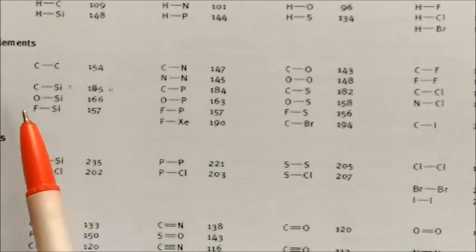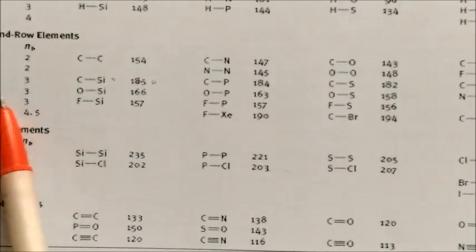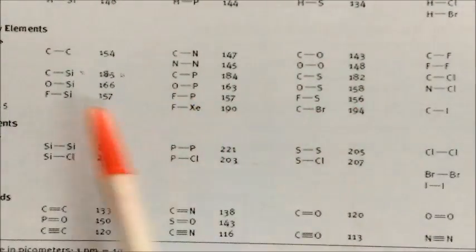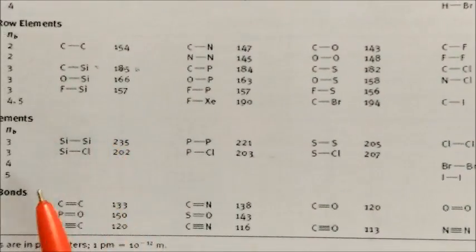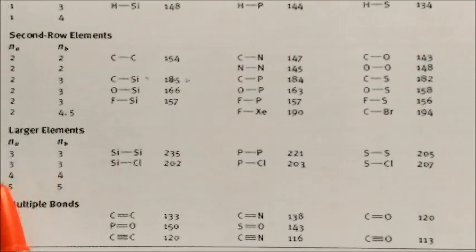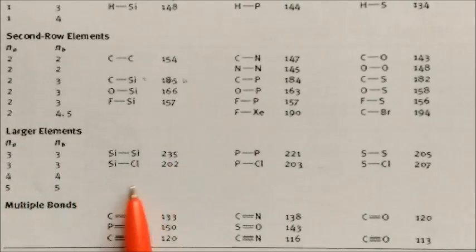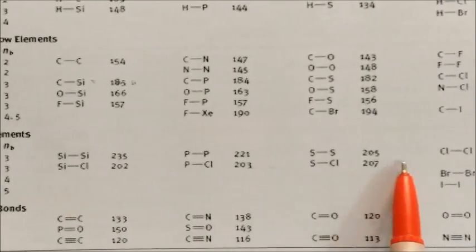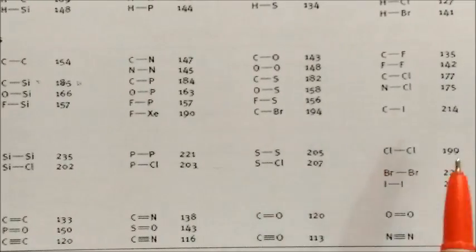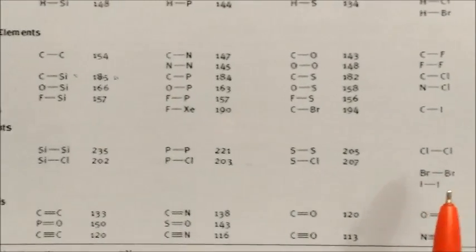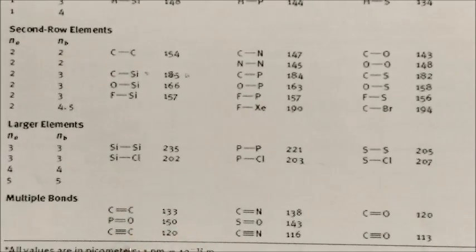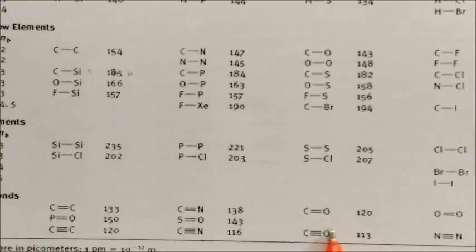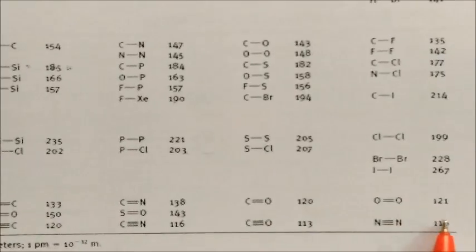From here you can easily determine the structures. Carefully see how the bond length changes in the second row of elements. By comparing, you can easily understand. For larger elements like silicon, again larger, you can see how the bond length is increasing. It will be helpful for understanding the concept. Even with multiple bonds, you can see carbon-carbon bonds, C=O bonds, the carbon-carbon triple bond, nitrogen, sulfur, oxygen. These are the multiple bonds, and you can see the bond lengths.